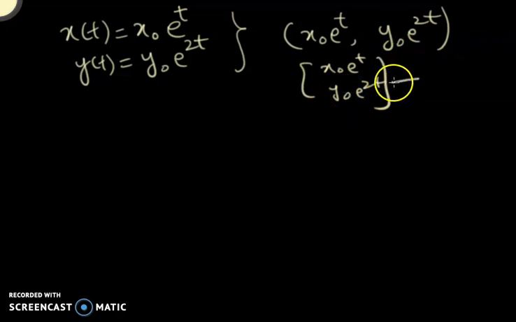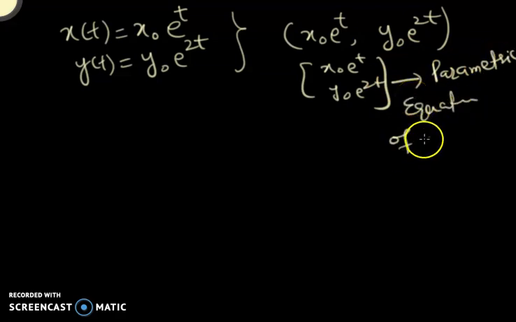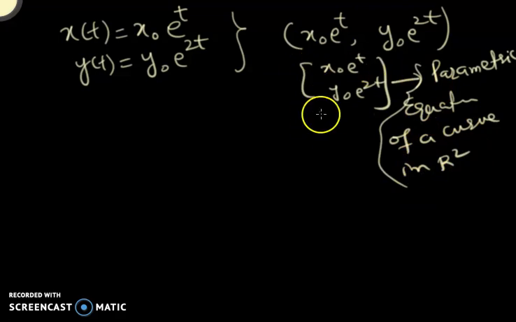You can realize that this is the parametric equation of a certain curve in R2. If you vary x naught and y naught, in other words if you vary the initial condition, you will get different curves.